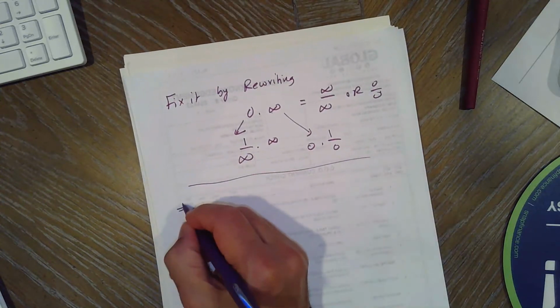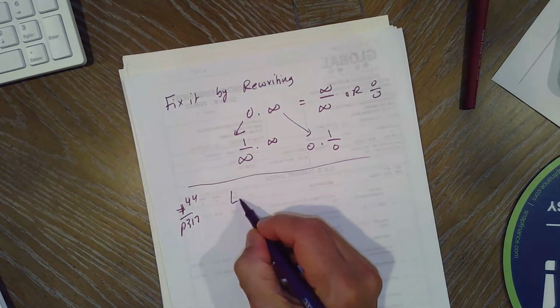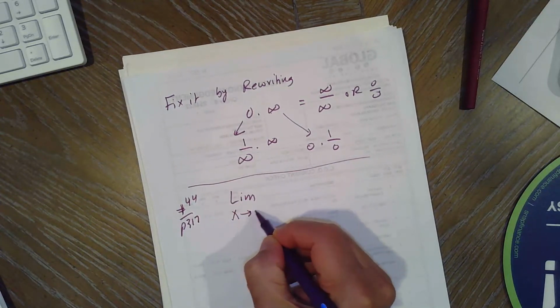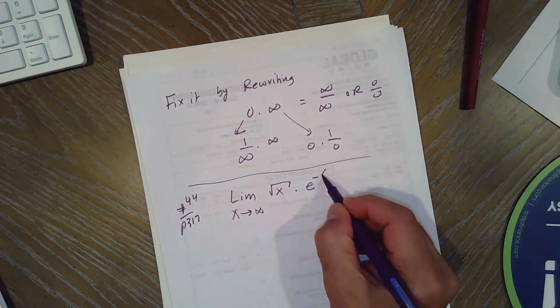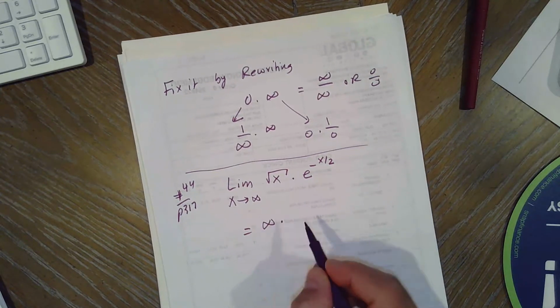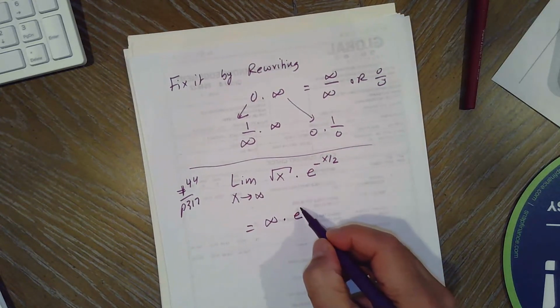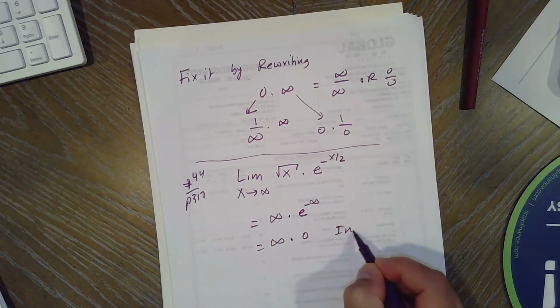Number 44, page 317. The limit as x goes to infinity, square root of x times e to the negative x over 2. So square root of infinity is infinity times e to the negative infinity, which is 0. So it's infinity times 0, which is an indeterminate form.